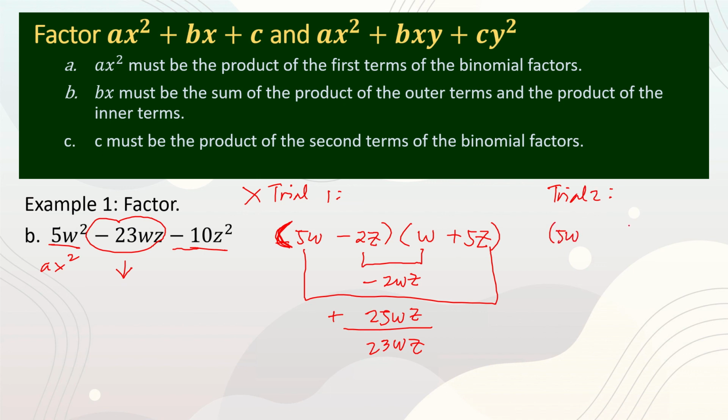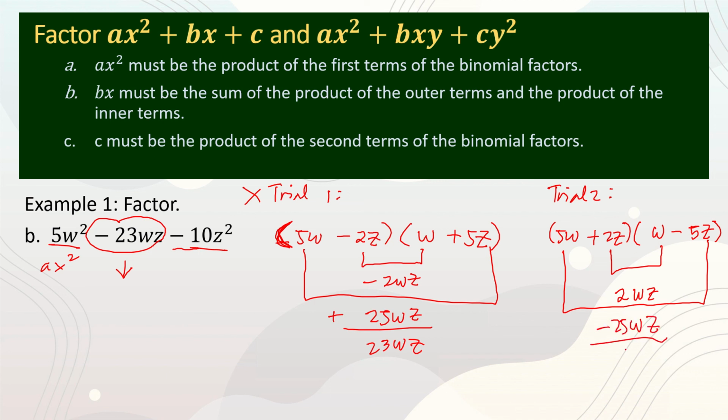So perhaps what you will do now is to interchange the sign. Pwede din kasing, instead of having negative, instead of 2z as the negative, that's the positive term, and the other one, 5z, becomes the negative. Okay, now let's check. 2z times w, 2wz. Outer terms, 5w times negative 5z, negative 25wz.